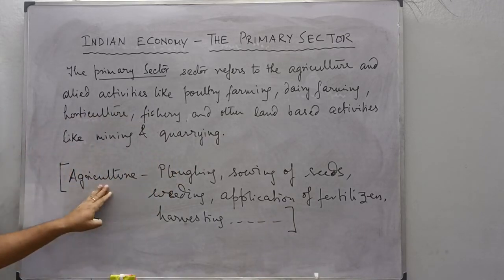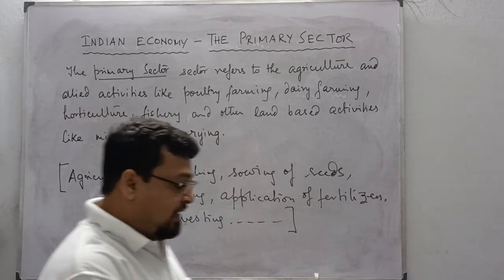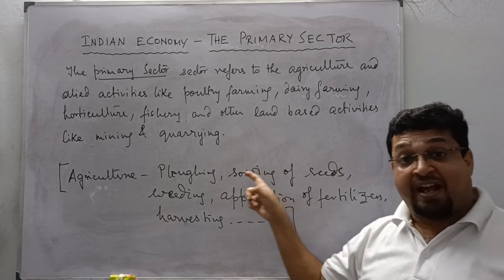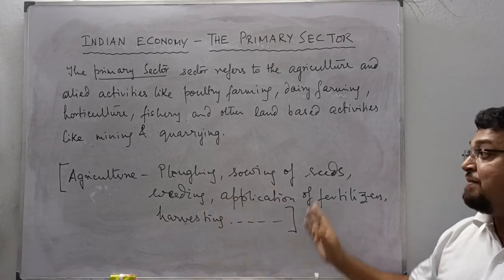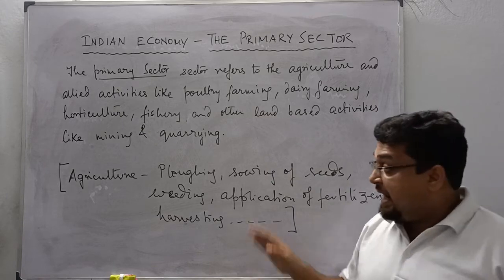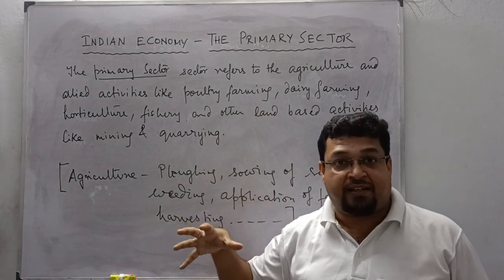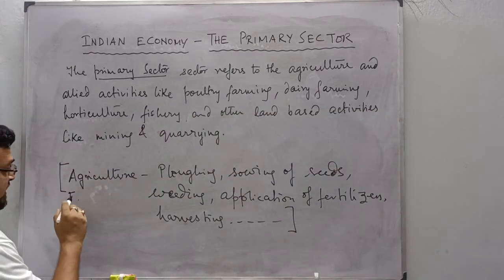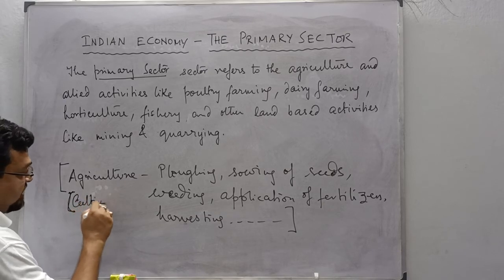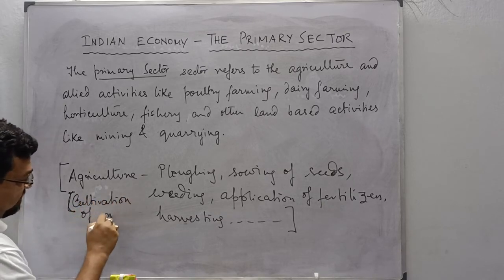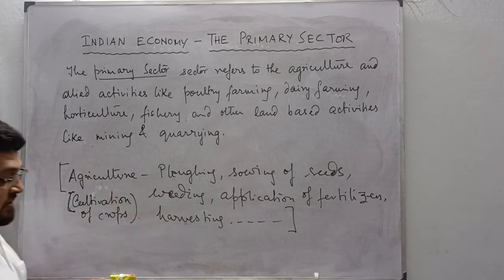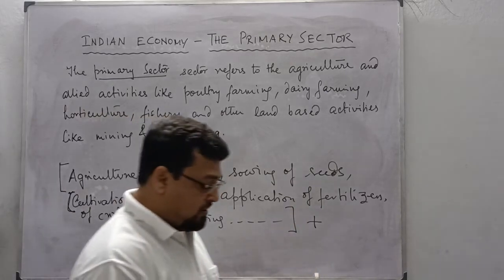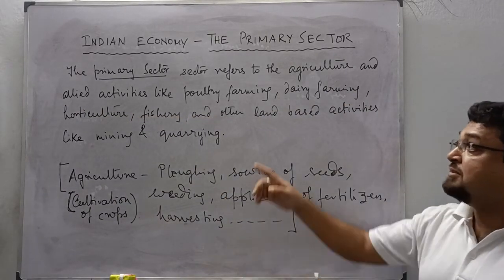These are what agriculture refers to. That is the basic primary sectoral activity we are talking about, the cultivation of crops. Along with all the agricultural activities, we also have the allied activities.